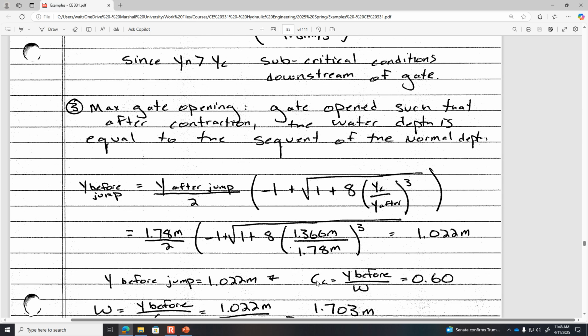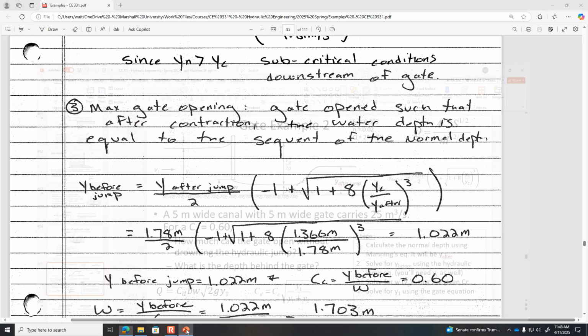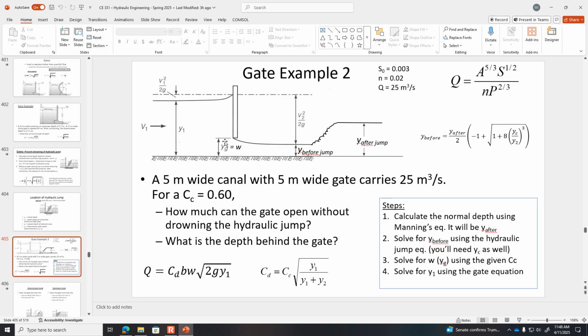Now I want to find out the coefficient of contraction, because in the diagram it specifies that we can use a given Cc of 0.6.